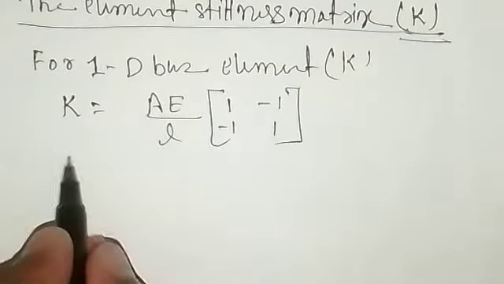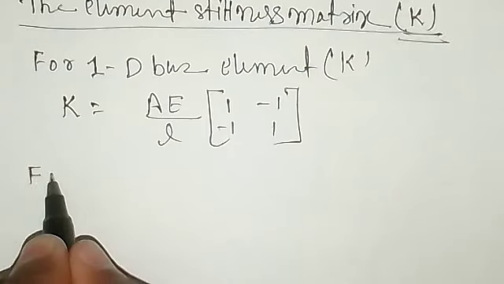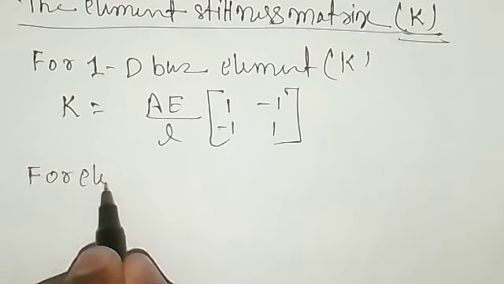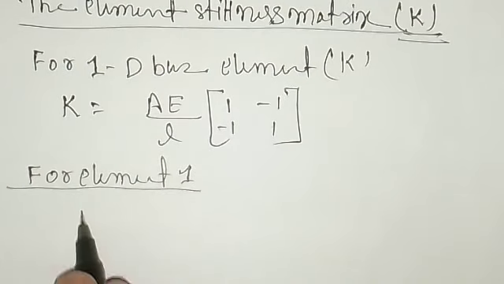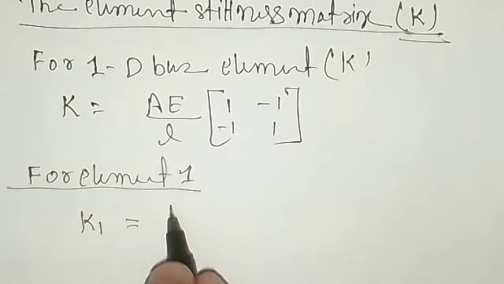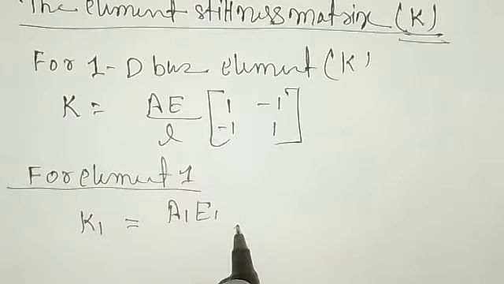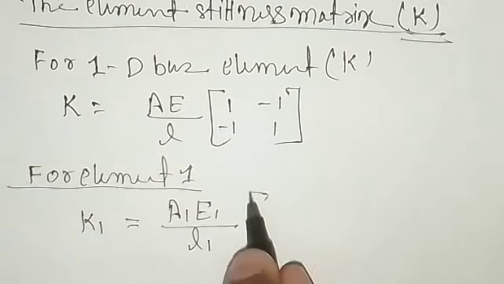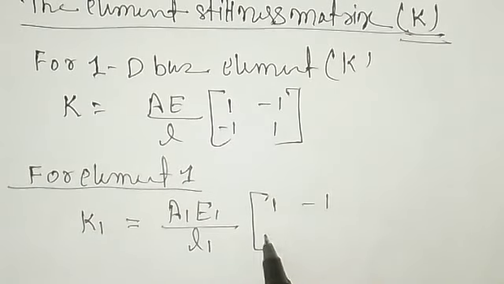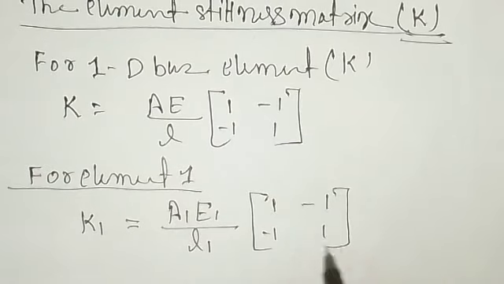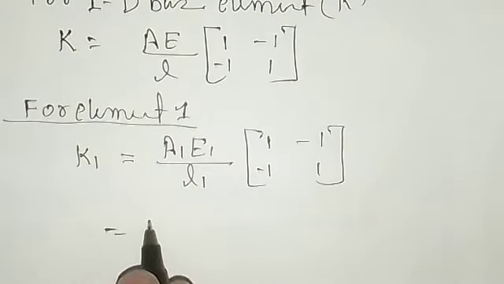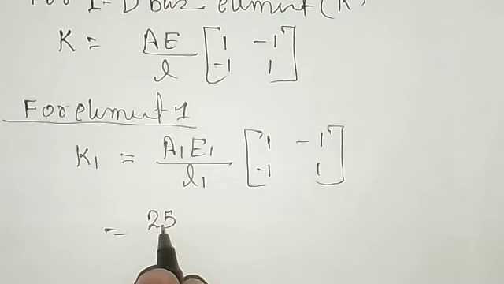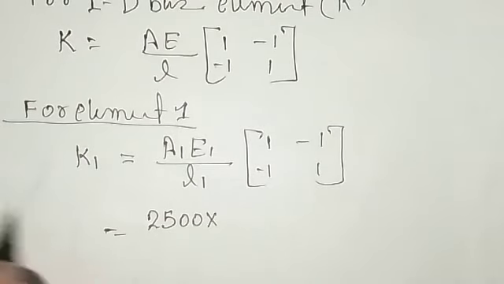So for element 1 we can say K1 is equal to A1 E1 by L1 times [1 -1; -1 1]. We will substitute the values: A is 2500 for element 1, and Young's modulus is 200 GPa.